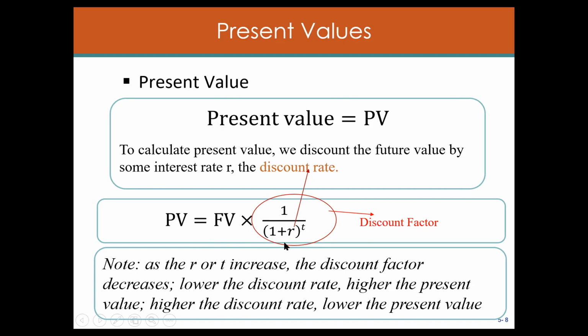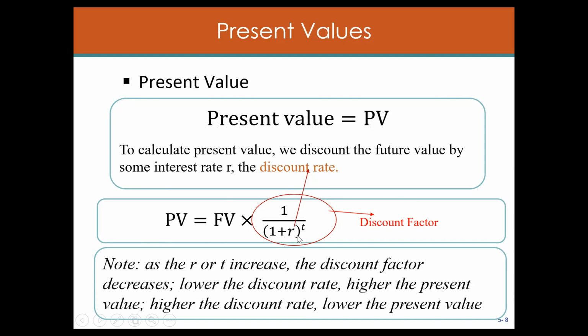And the lower the discount rate, the higher the present value because the denominator will be low. The higher the discount rate, the lower the present value. This is the relationship you have to understand.